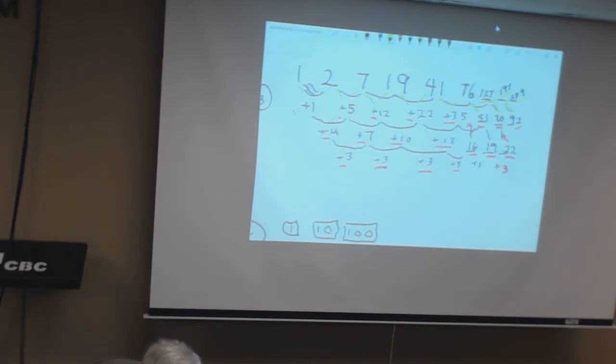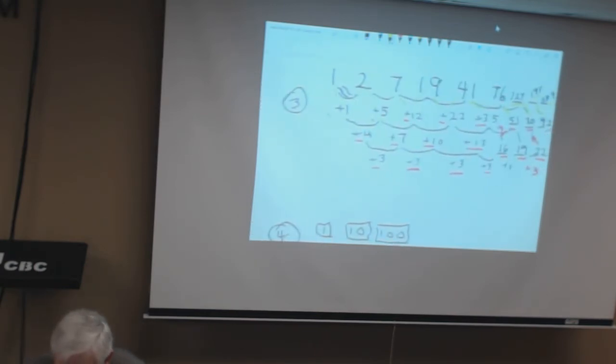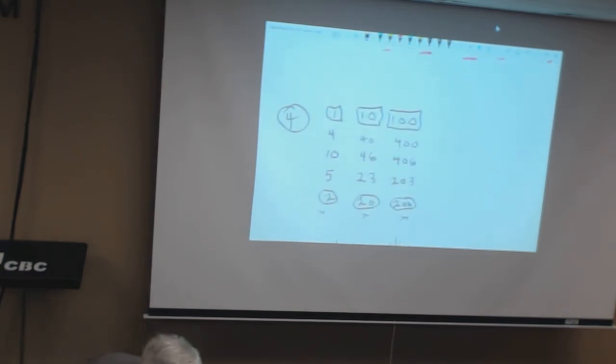Number 4, follow this procedure. What's it say to do? Follow the procedure. Select a number. So, someone want to pick a number? 5. Multiply by 4. What'd you get? 20.